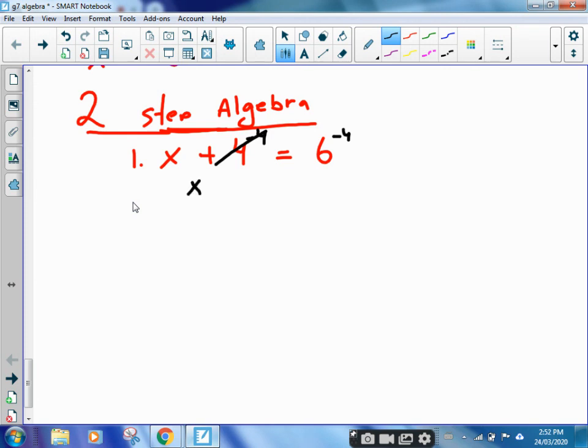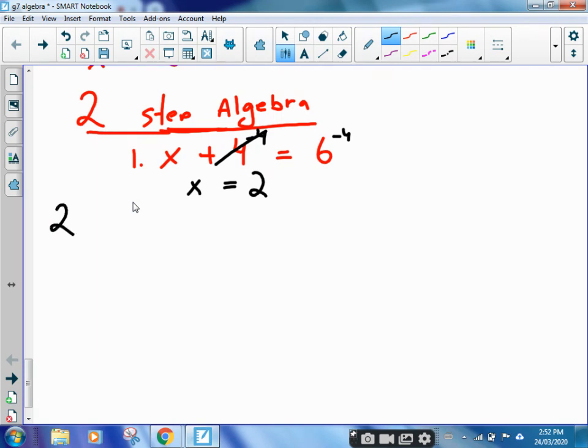So x is now isolated. And then we're going to go 6 minus 4. 6 minus 4 is 2. So we can say that x plus 4 is 6, and if x is 2, 2 plus 4 equals 6. So that's what one-step algebra looks like.